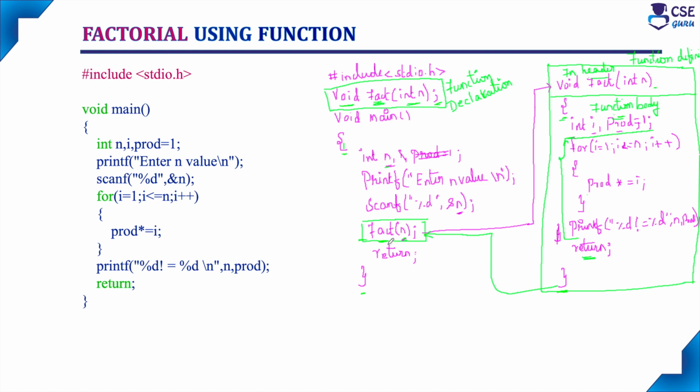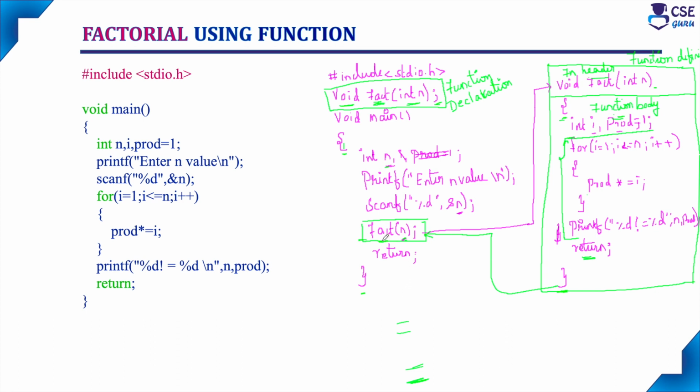It requires only one statement, that is fact of n. Even after 100 lines, if it is required, here we need to add fact of n. So here we have written the code only once, but any number of times we can call it within main function. That is the advantage.